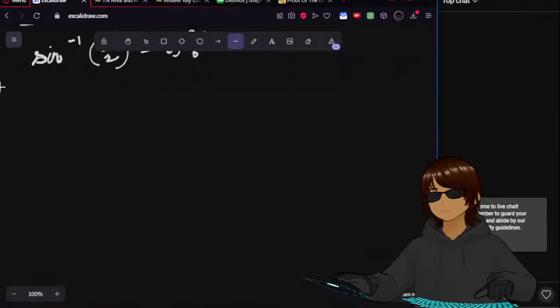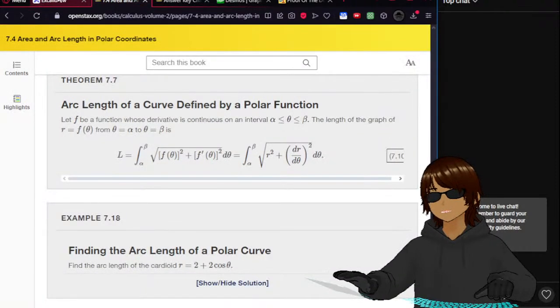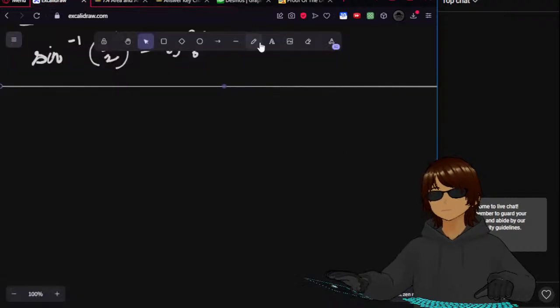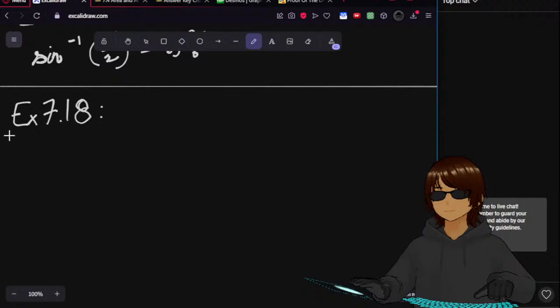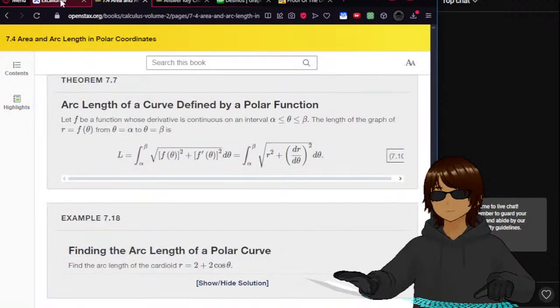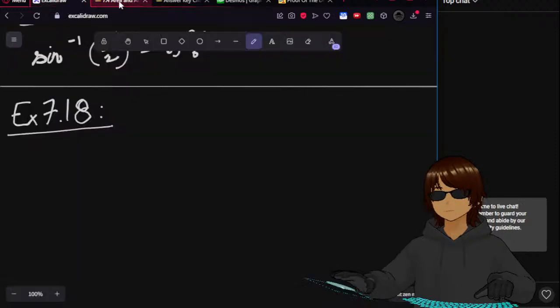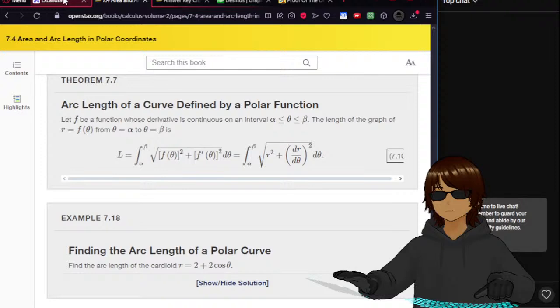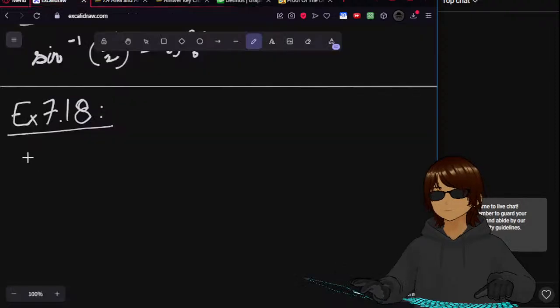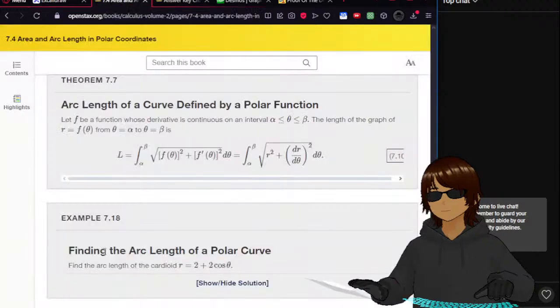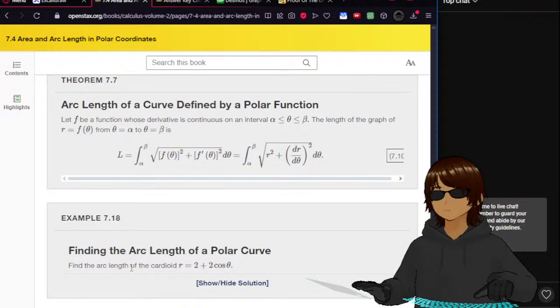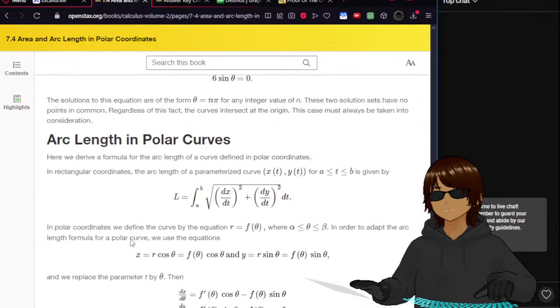Okay, so example 7.18. Where are we finding the arc length? Arc length. How are we doing this?